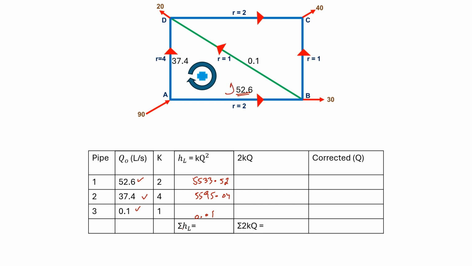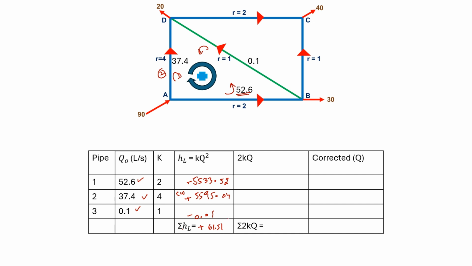This will be counterclockwise, this will be clockwise, and this will be counterclockwise. It means just this value will be positive. Pipe 2 will have a positive value, and the other both values will be negative. So if we take the sum of all three values, it will be plus 61.51.